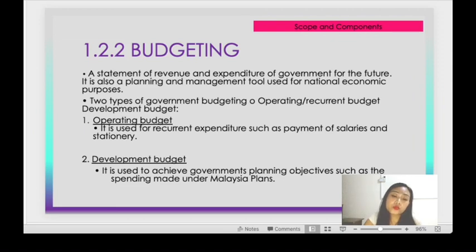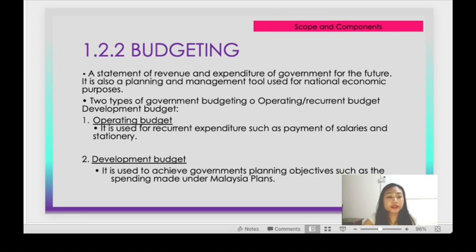BPN 1 and 2 actually cover a total cost of approximately 250 billion ringgit. This is one of the examples of a budgeting plan that has been implemented in Malaysia. The Malaysian government chose to spend money for the purpose of citizens' welfare.